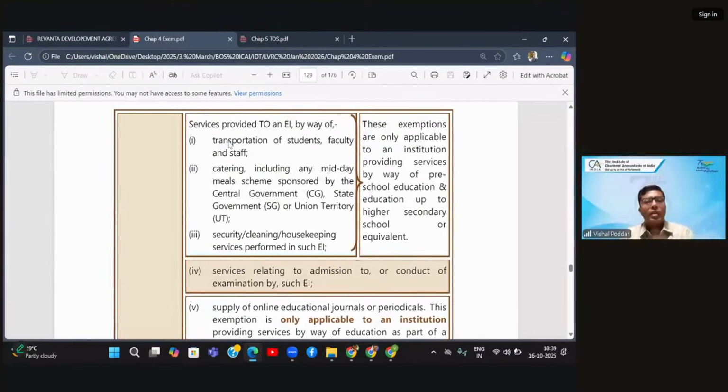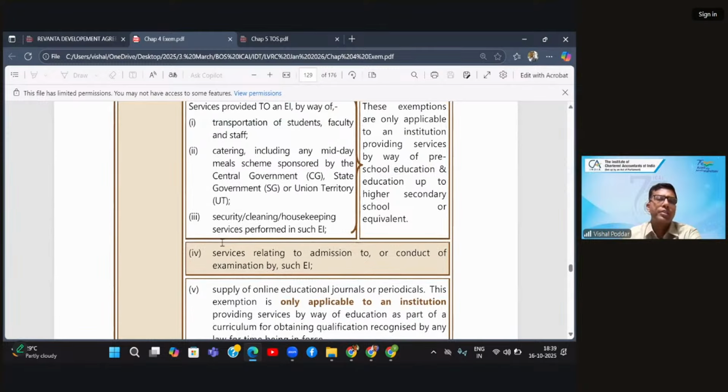So first, services provided to the education institution. What type of services? Transportation of students, so the bus facility that many times schools provide. The catering: nowadays, many schools have catering facilities whereby the students are given food within the school itself. And the security, cleaning, housekeeping services.